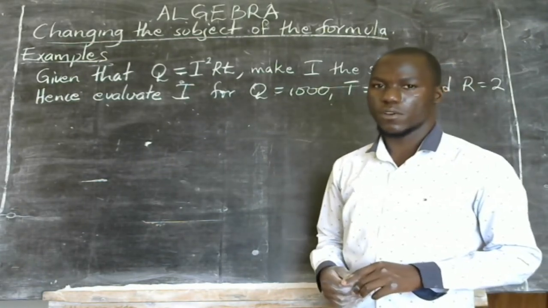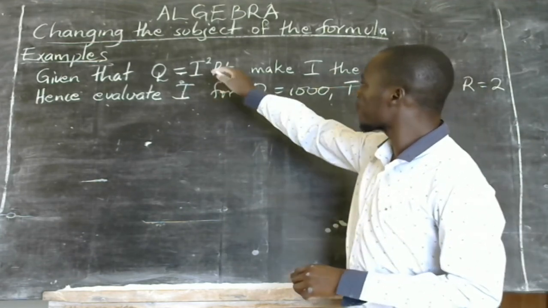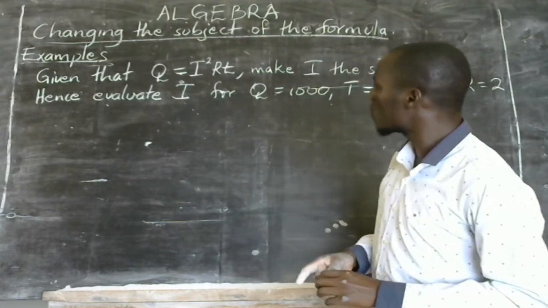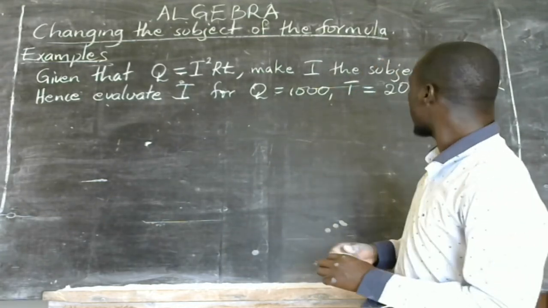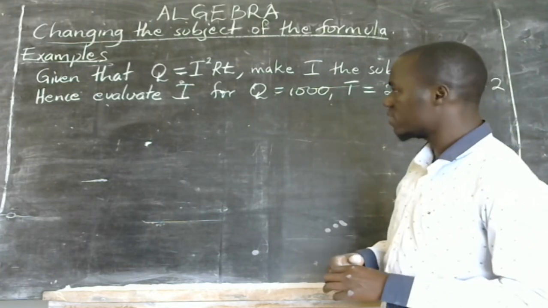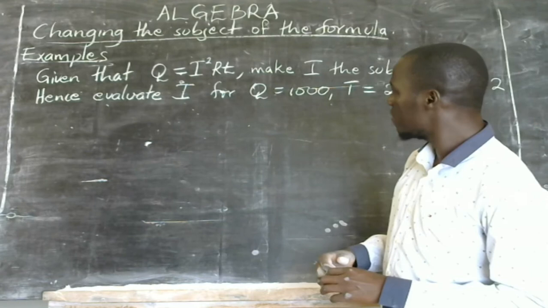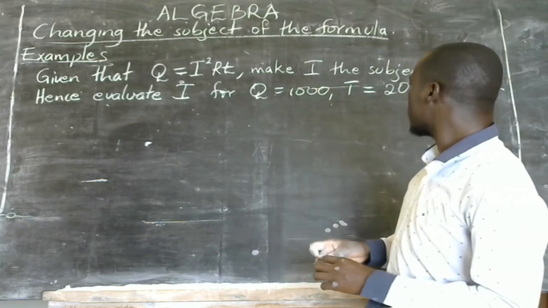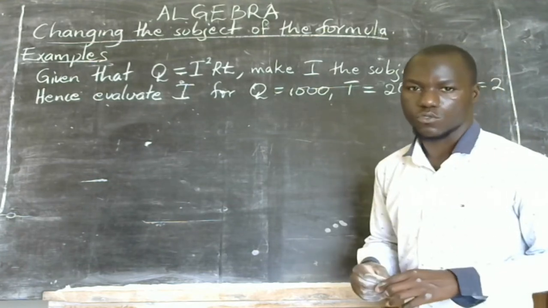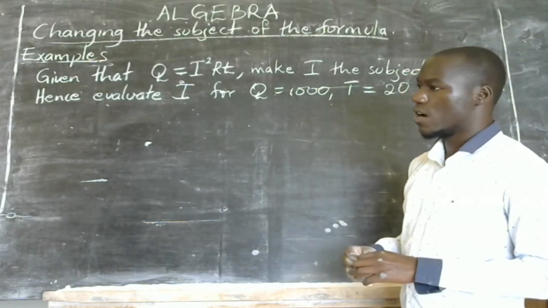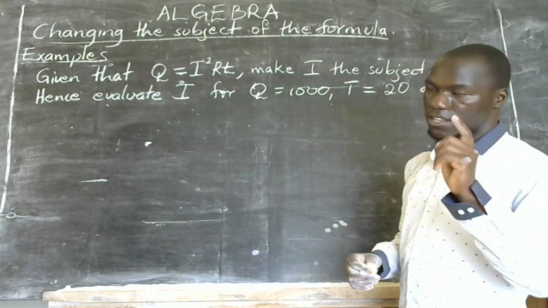So we have our example there: given that q is equal to I squared times r times t, make I the subject, hence evaluate I for q is equal to 1000, t is equal to 20, and r is equal to 2 there. Now this example has two questions in one.